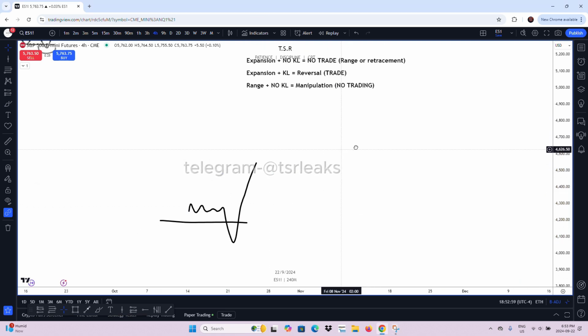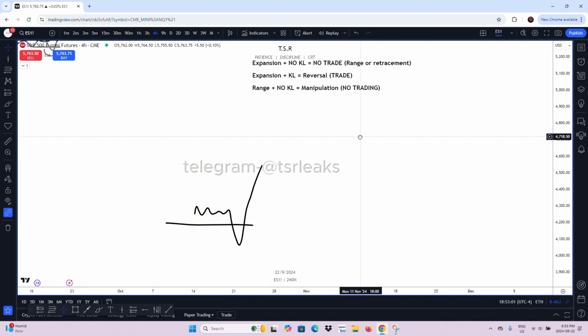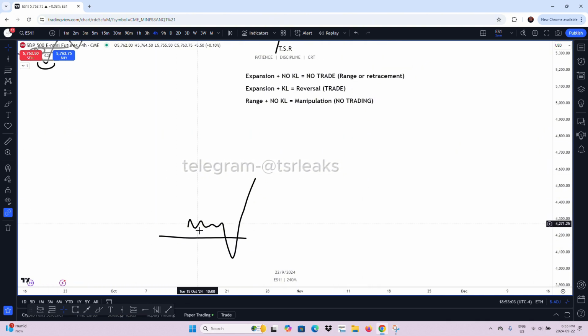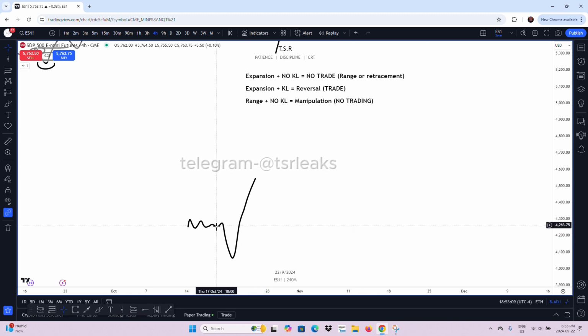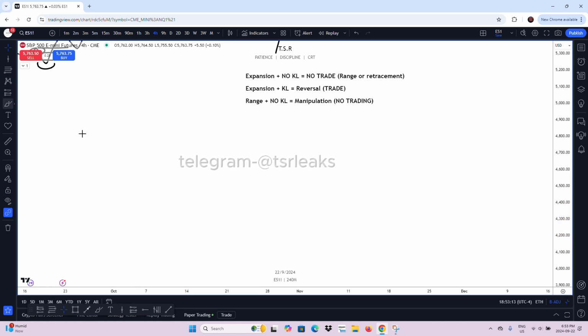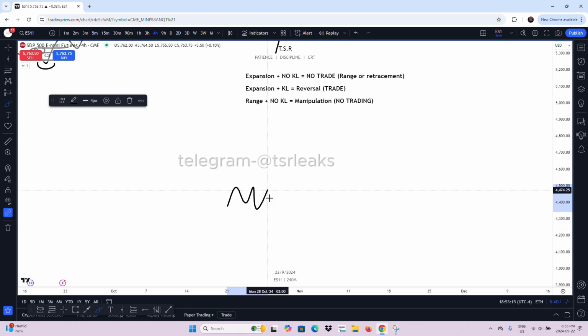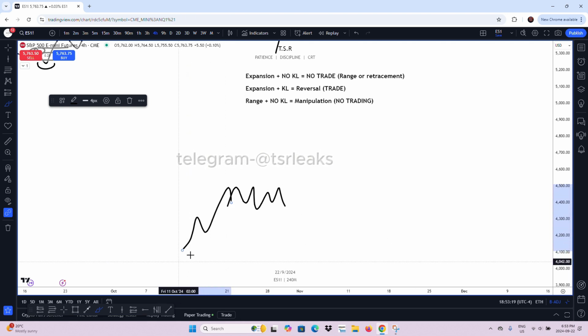Sorry about that interruption. So as I was saying, price is going to range, manipulate, and expand. Now, this is with a key level. And if price is ranging above it, what happens if price is simply ranging after an expansion? So we have the expansion right here and the range right here.